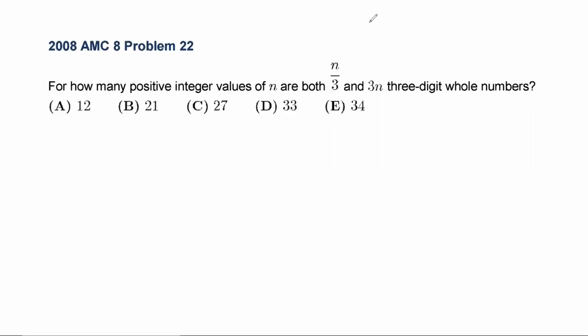Okay, so three-digit whole numbers. The least three-digit whole number is 100. The greatest three-digit whole number is 999. And they tell us that, first of all, n over 3 has to be within this range.